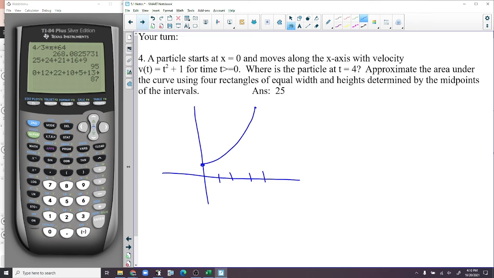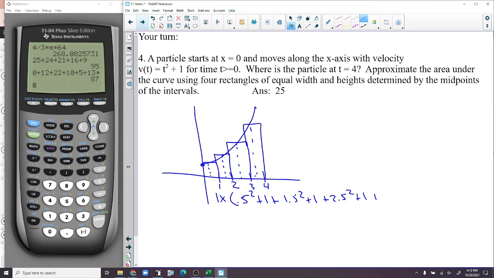So what are we doing, R or L? We're using mid. So mid, up here like that. Mid, up like that. And mid, up like that, right there. All of these have a base of 1. We need 0.5 squared plus 1, 1.5 squared plus 1, 2.5 squared plus 1, and 3.5 squared plus 1.